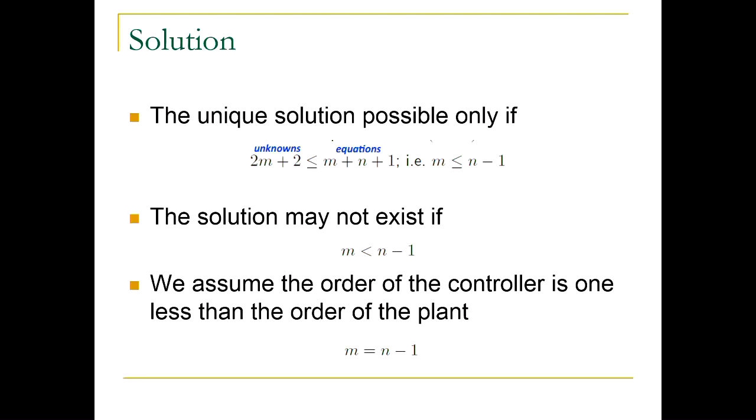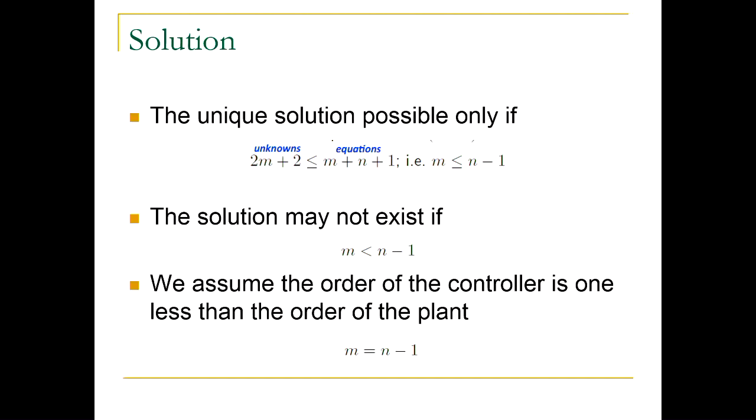If the number of equations is equal to the number of parameters, and some conditions hold, we will have a unique solution. So we will pick the order of the controller to be smaller than the order of the plant by 1. If the plant order is n, we will pick the order of the controller to be n minus 1.